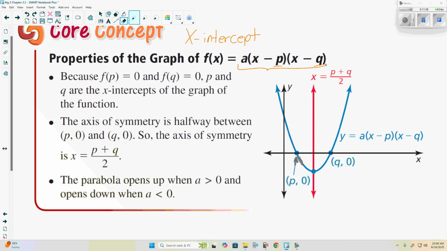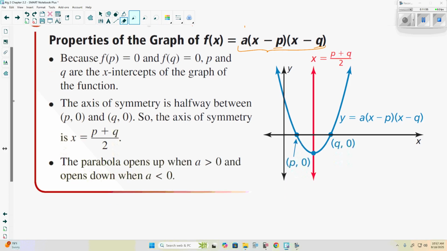Now, if we look at the equation, it's x minus p and x minus q. So again, just like with our values of h, if we have x minus 2, the value of p is going to be 2. If we have x plus 2, the value of p is going to be negative 2. So again, we have that kind of sign switch because of just how it's written.